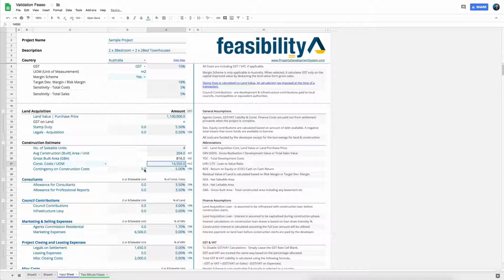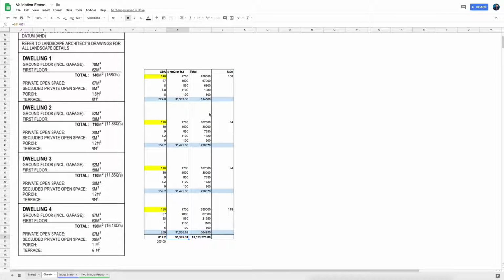But in your scenario, if you knew that you could build a 3-bedder for, let's say, 300,000, and a 2-bedder for, let's say, 225,000, you could go that way too, and you could multiply that by 2 of these units, and then we've got 2 of these units.